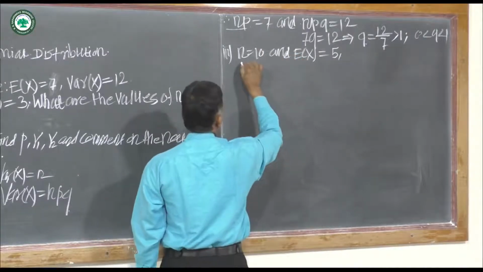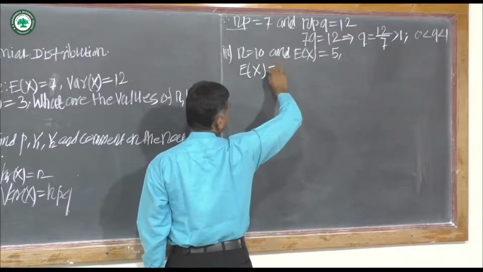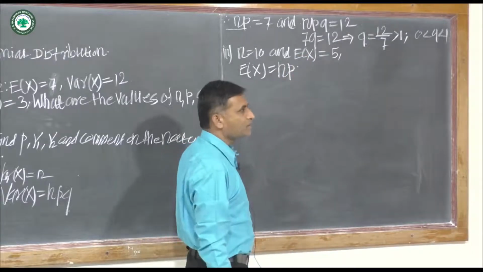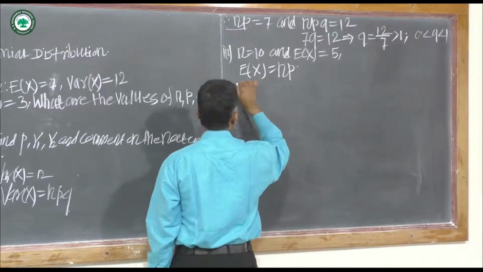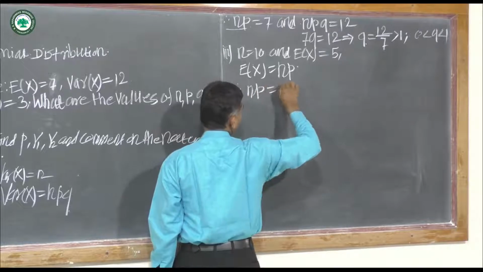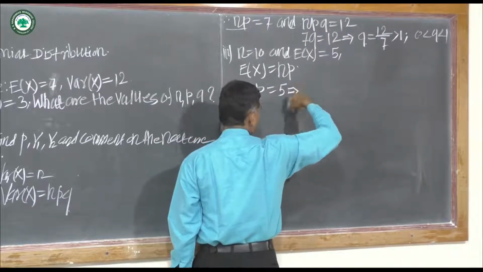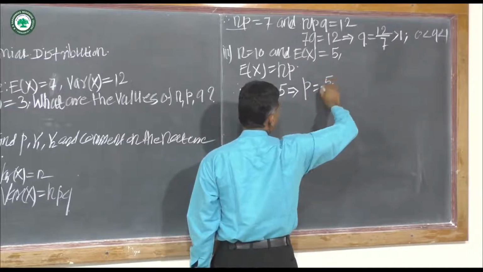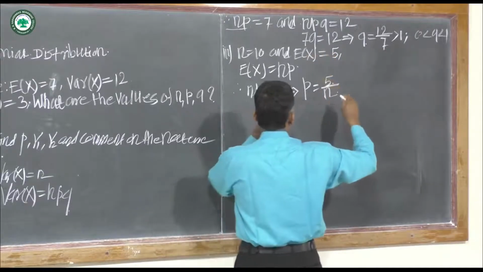Then we know that expected value of X is equal to np. This is the theoretical mean of the binomial distribution. Therefore np is equal to 5. This implies that p is equal to 5 upon n.